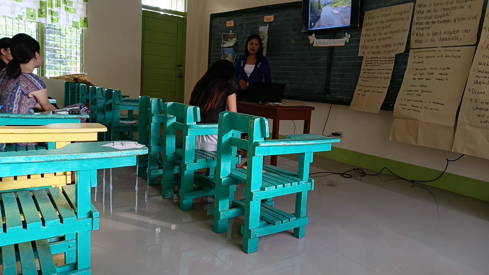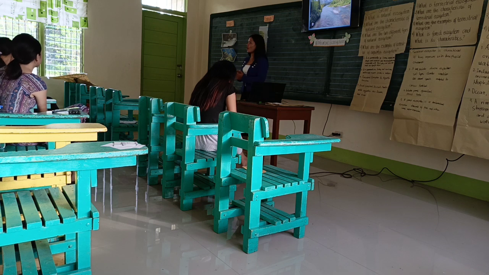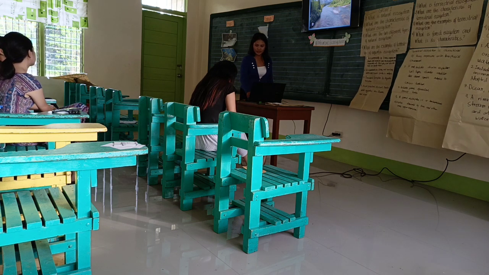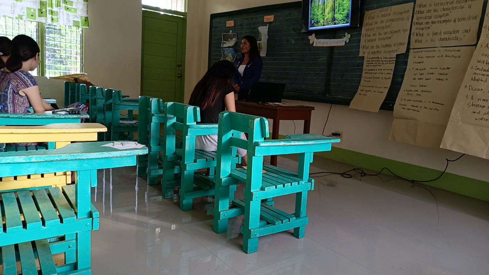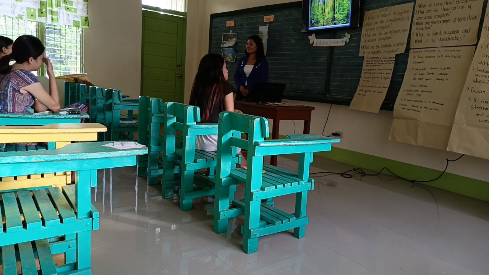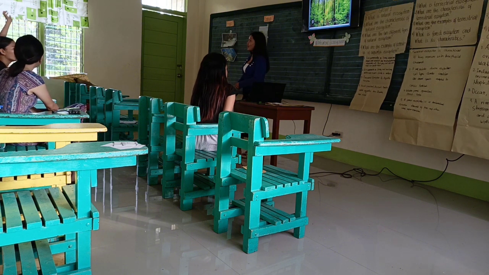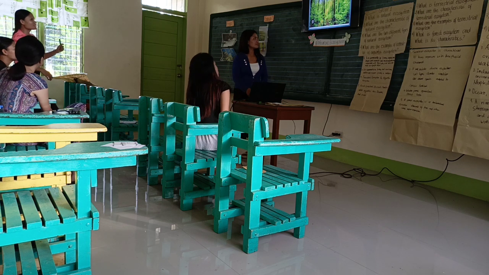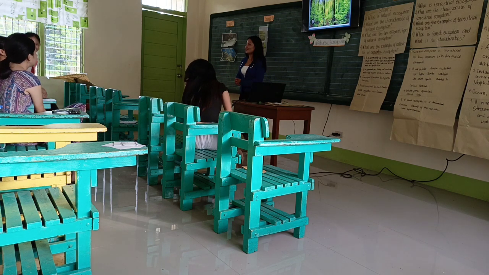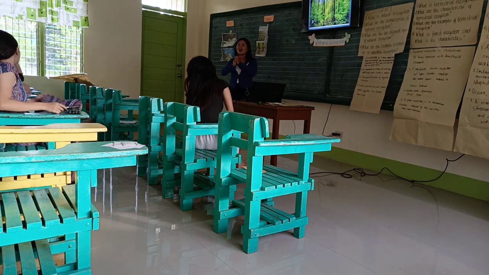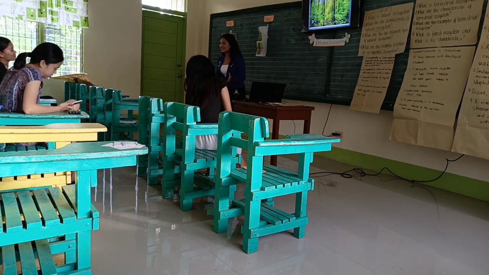Now class, another example of an ecosystem is forest. So now class, what is forest all about? Okay, Lily? Forest picture is full of trees. Very good. So forest is a large number of trees.